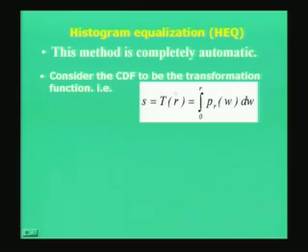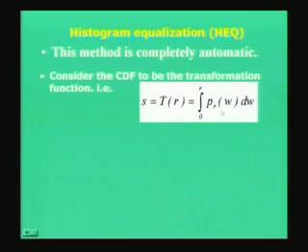S equal to T(R) is what we need to obtain in terms of contrast stretching, and if you are using histogram equalization to do contrast stretching, this S equal to T(R) function must be evaluated using this integral formula, from 0 to R of P_R(w), where P_R is the histogram or the probability, and w in this case is just the dummy variable for the integral. So, that is the formula for histogram equalization.